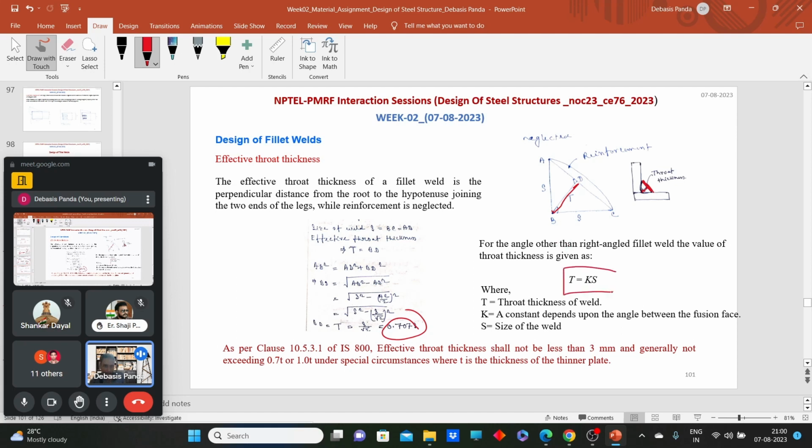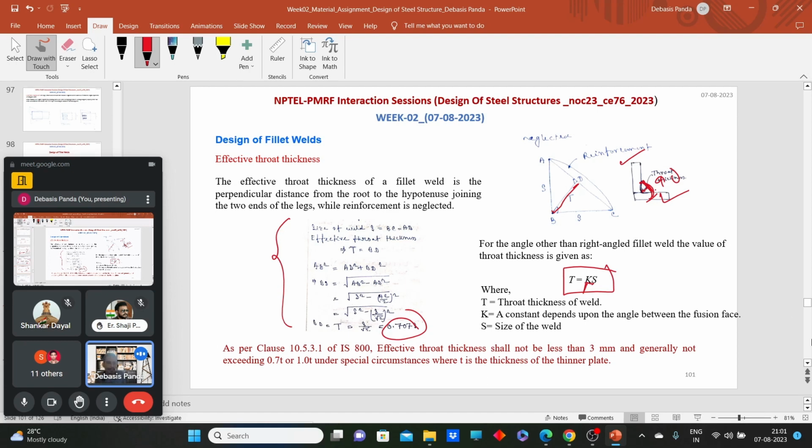So in the general case, the throat thickness is equal to K times S. K is a factor that depends on the angle between the fusion faces. Like we have this plate and this plate. What is the angle between these fusion faces? 90 degree. If this angle is not 90 degree, what will be the value of K? If 90 degree, we can easily calculate the throat thickness. If not 90 degree, what K value will we take?